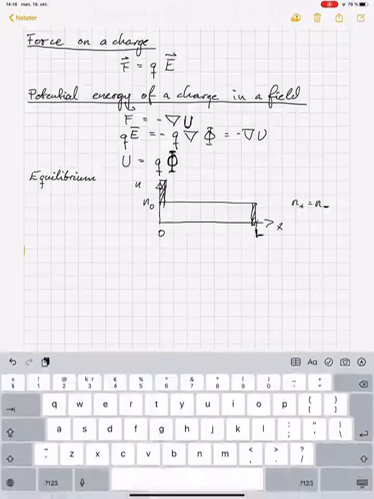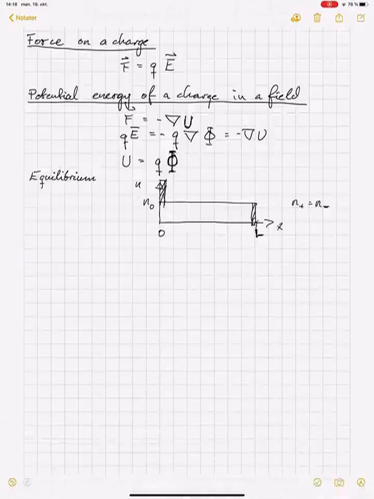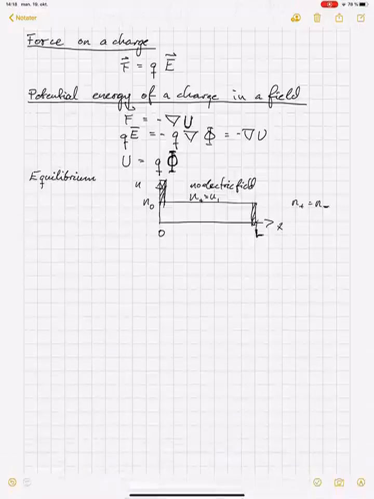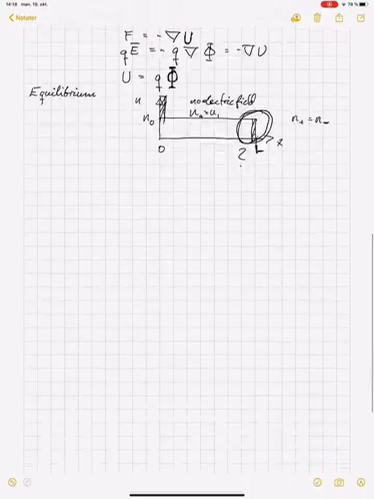And then this means that in the middle there is n0, where n plus equals n minus, and there is no electric field anymore, because as long as there is an electric field there will be motion of ions. So equilibrium clearly means there is no more motion, it's all stopped. And we'd like to know, how does this distribution look at the edges? It will be something like this, but we'd like to know more in detail.